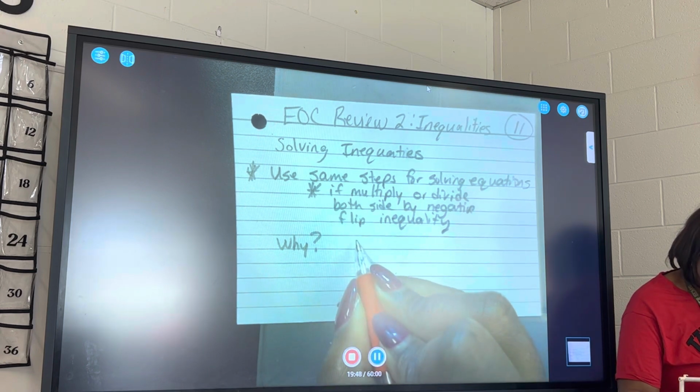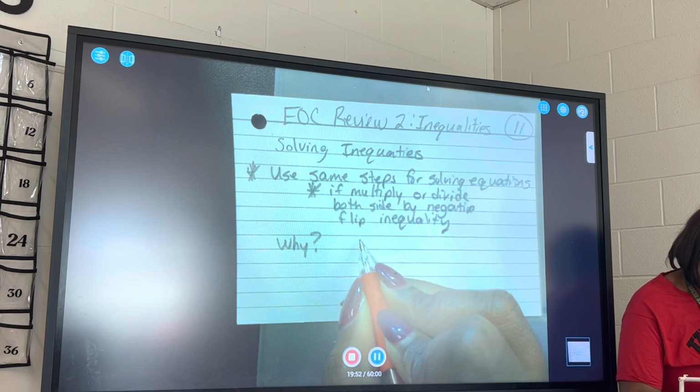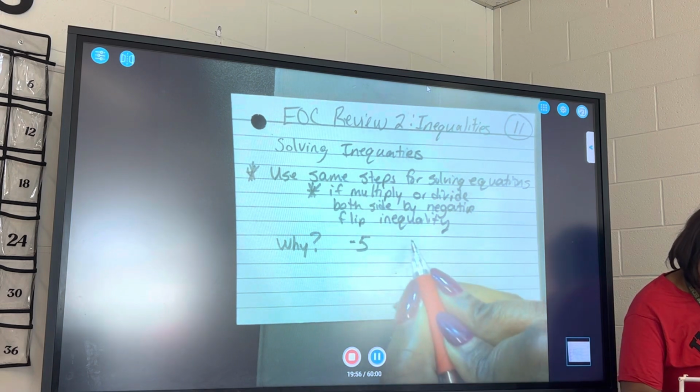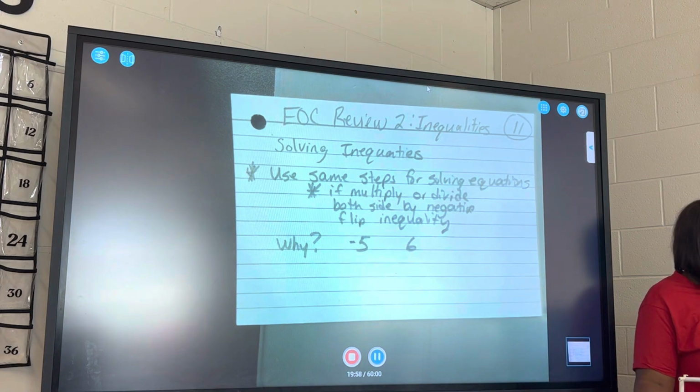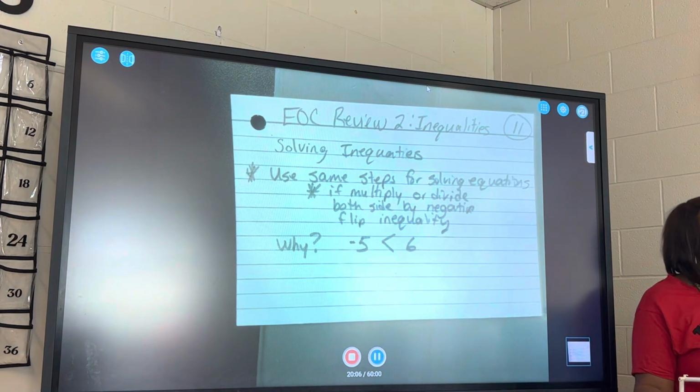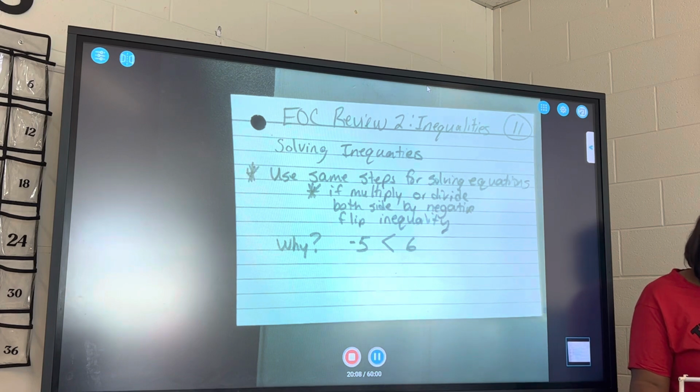Why? Because if I have a negative 5 on this side and a positive 6, which one is bigger? The negative 5 or the positive 6? 6. Okay. Now let's multiply both sides by a negative.